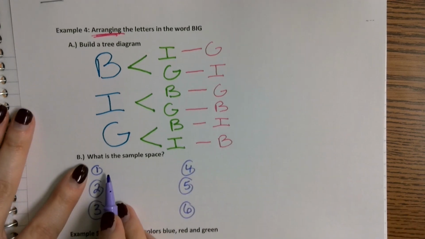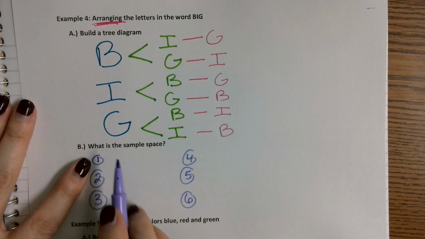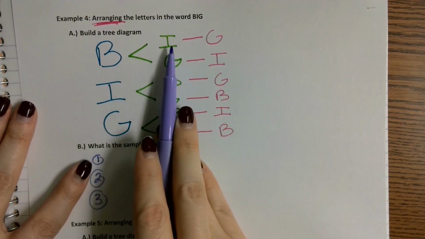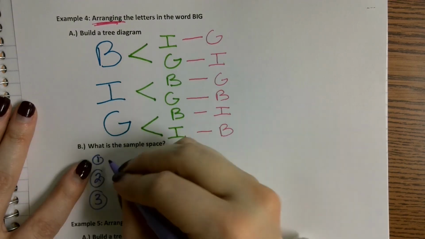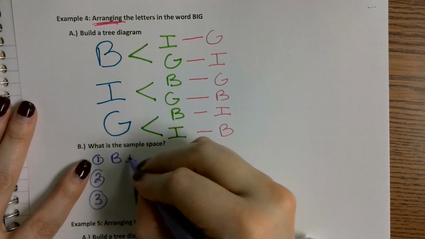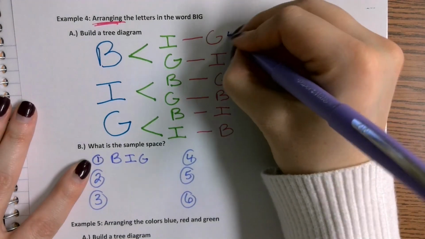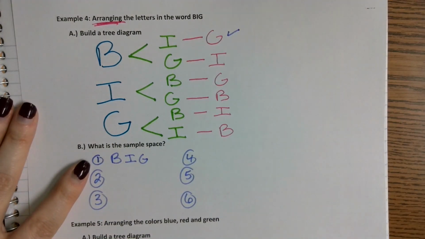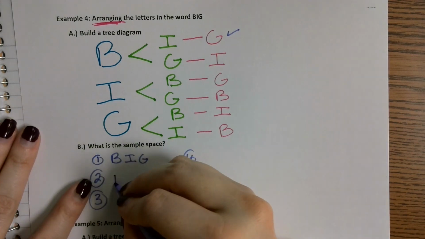My first possible arrangement is to put the letters in order as B, I, G. What's my next possible arrangement? B, G, I. Very good.